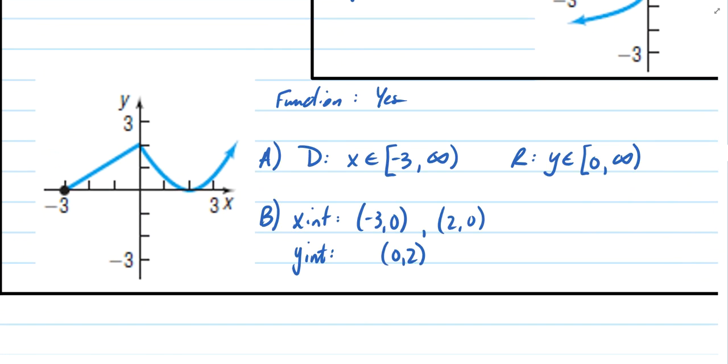And this last graph is kind of interesting because it's got an arrow drawn at the end here. Now this arrow tail really implies that the graph is going to continue in this direction infinitely. So it goes on and on forever. So when we talk about the domain of this function and we try to identify the x values associated with it, we would say that the x values exist from here, -3, which is our starting point. We can tell that by this dot.